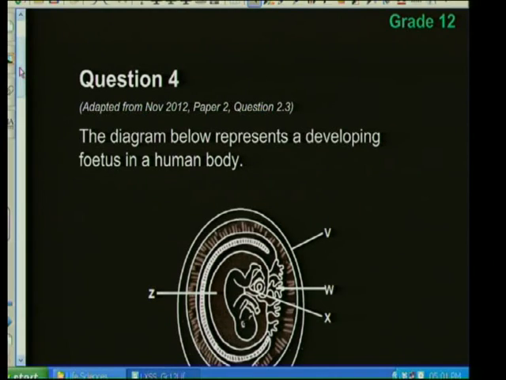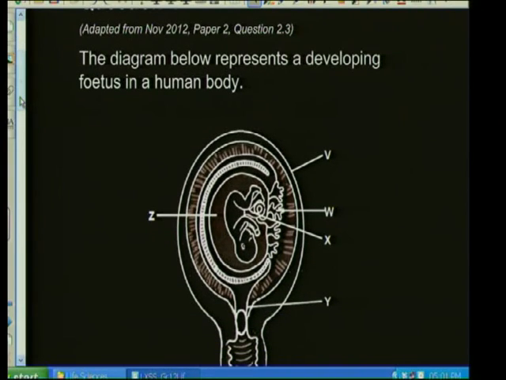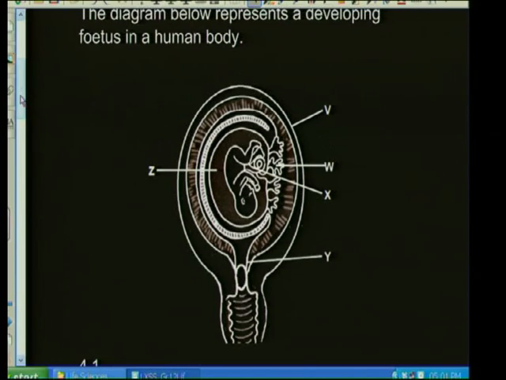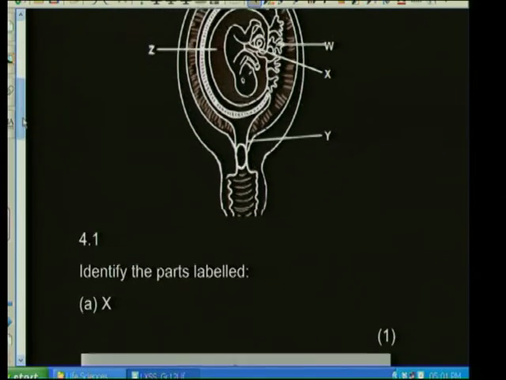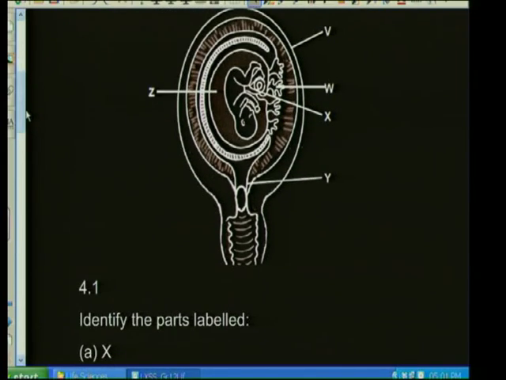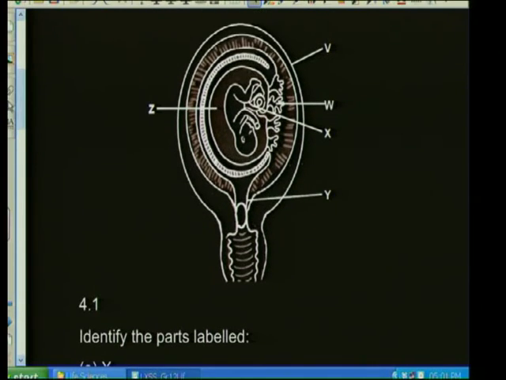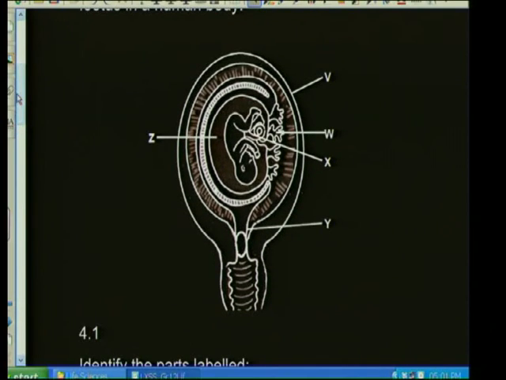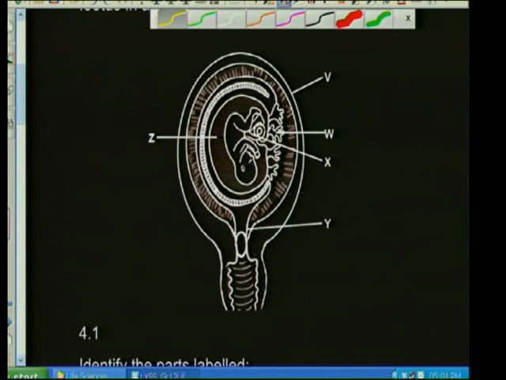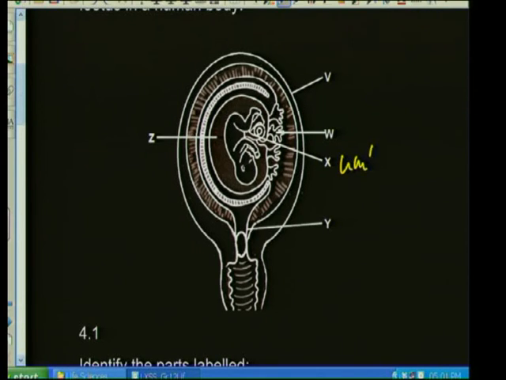complicated. This one here, again, in the female body, the diagram below represents a developing fetus in a human body. They're giving you the labels V, W, X, Y, Z. Identify the label X, and we can do it on the diagram here, and hopefully I can get that right. X would be the umbilical cord.